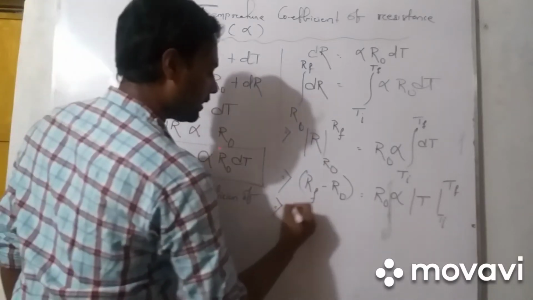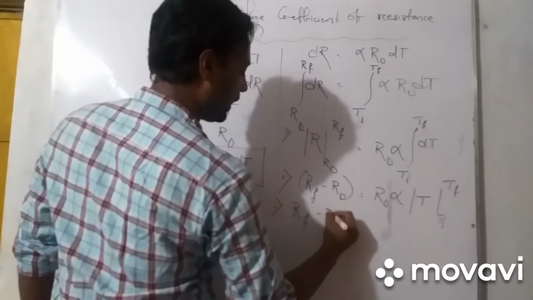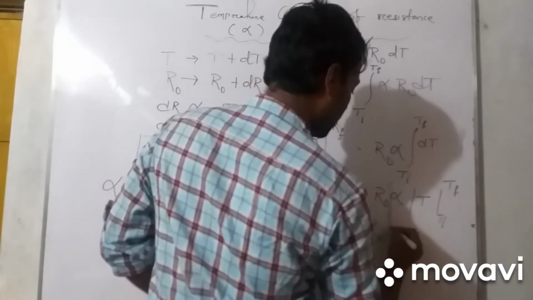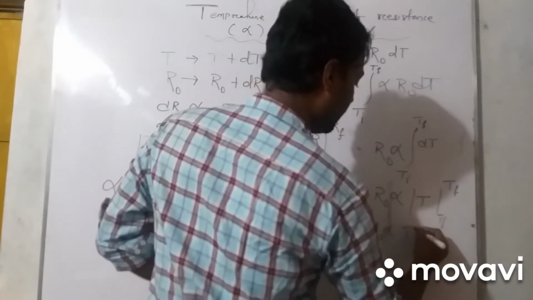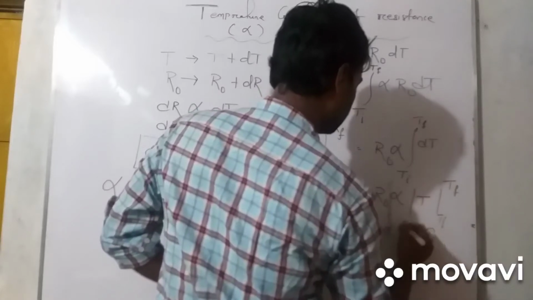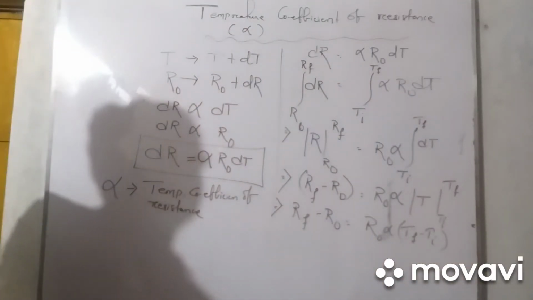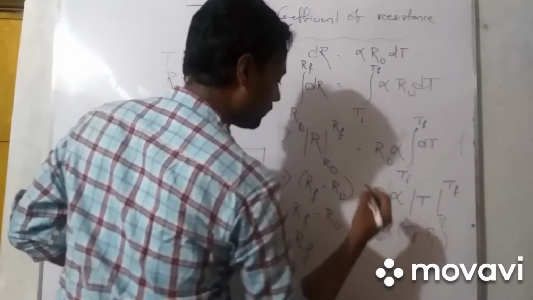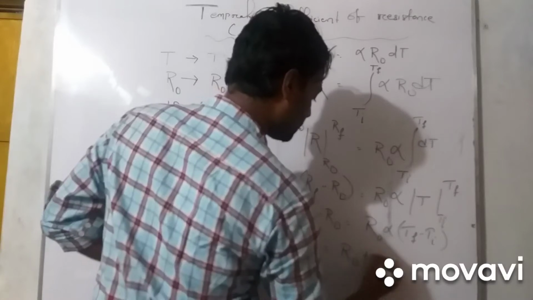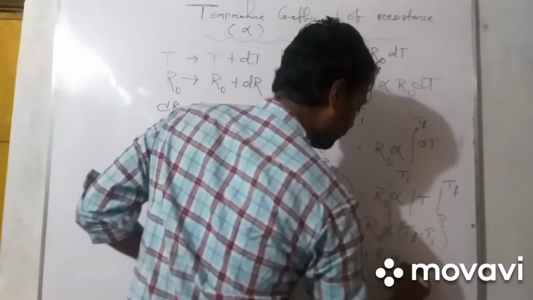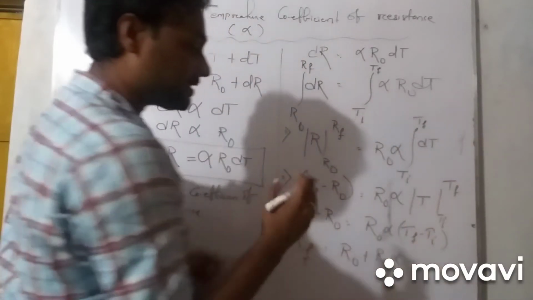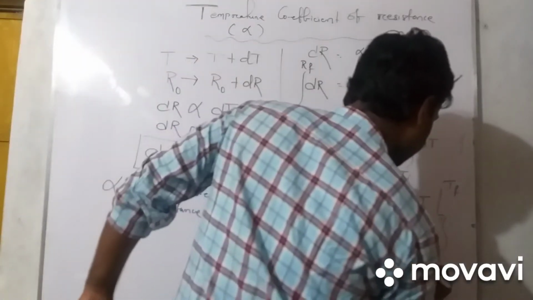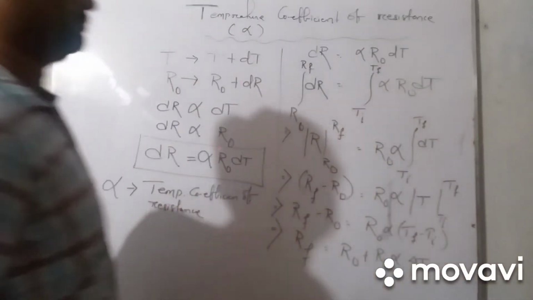That means Rf minus R0 is equal to R0 alpha times Tf minus Ti. So it can also be represented as Rf equals R0 plus R0 alpha times Tf minus Ti, where the final temperature minus the initial temperature is the change in temperature, del T.